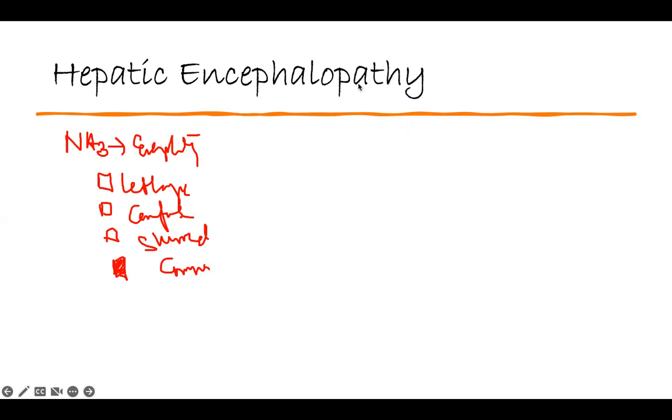There is something they always ask when you talk about hepatic encephalopathy and cirrhosis. They can ask you as a question, or as a select or apply: a patient who is encephalopathic, what do you see? And what it means is the flapping tremor. It's a tremor, but it's flapping.